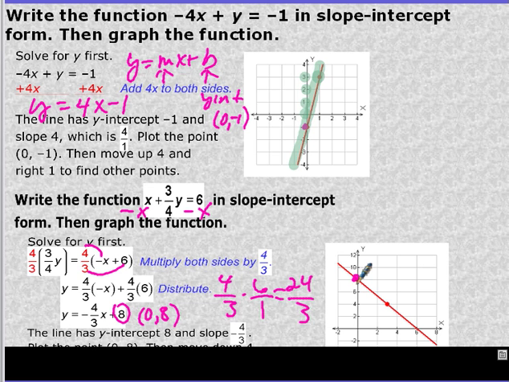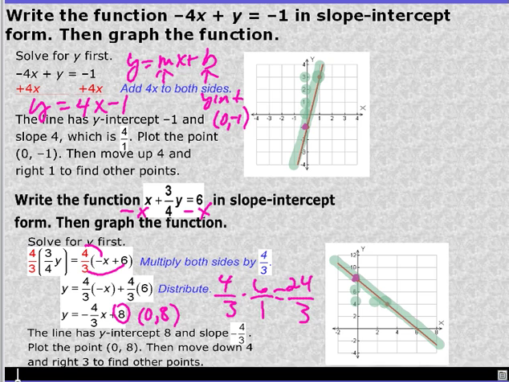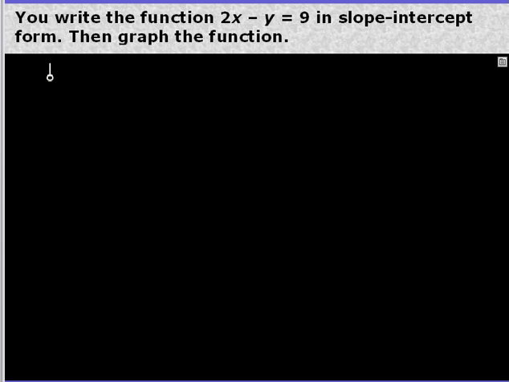So from here, I'm going to go down 4, 2, 4, and over 3, 2, 3. And now I can draw the line connecting those points. Okay. So there's one for you to try. Write it in slope-intercept form and graph.